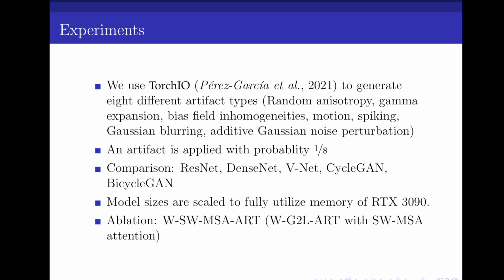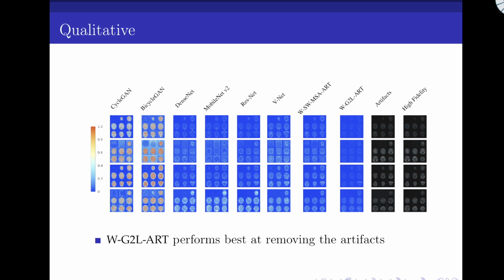In order to enable a fair comparison, we scale up the model size to fully utilize the memory of an RTX 3090. We also established an ablation which we call WSW-MSA-ART, which is using the attention mechanisms of the Swin transformer, but within a 3D context. Here you see some qualitative results, and here you can also see that our method is doing extraordinarily well at reversing these artifacts.